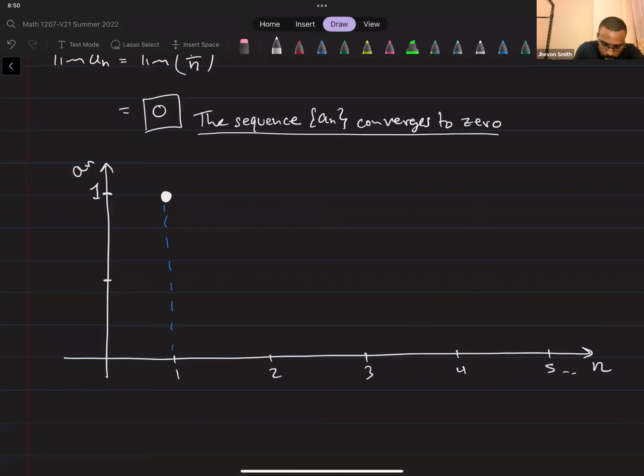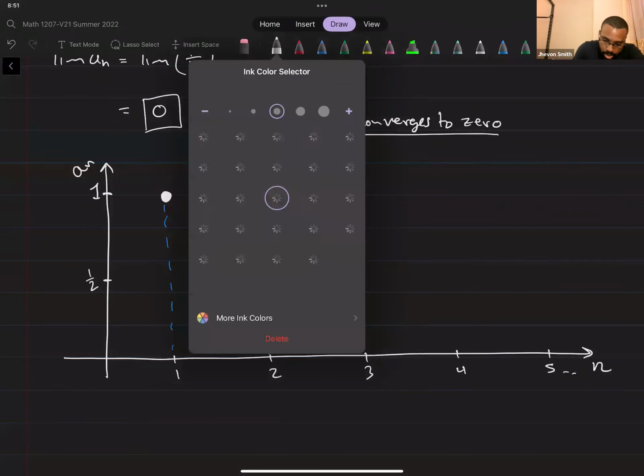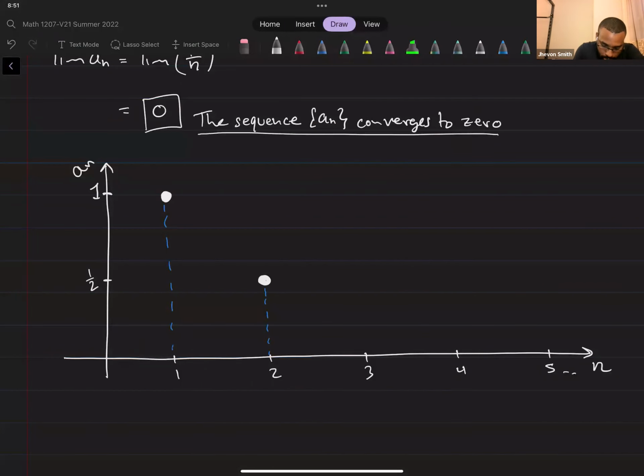So there's going to be a point here, at a half. 3 is going to be a third, so I'm going to come down here. Then I can have a fourth, it's going to be like here. Then I can have a fifth, etc.